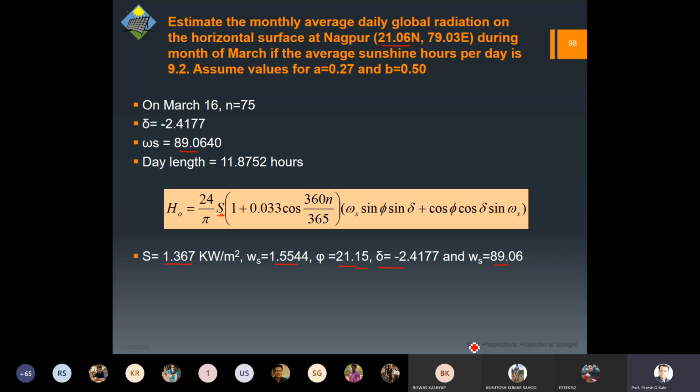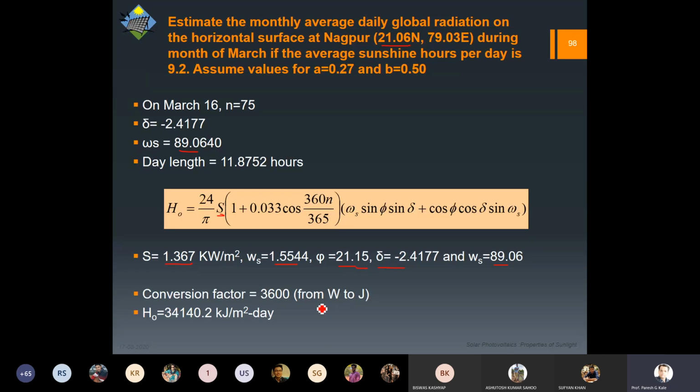So anybody has the answer? Can you tell me? 10.529. Yeah. Now this, what we are talking about, is in kilowatt hour, right? Of course you can multiply with certain numbers and bring it to joules.